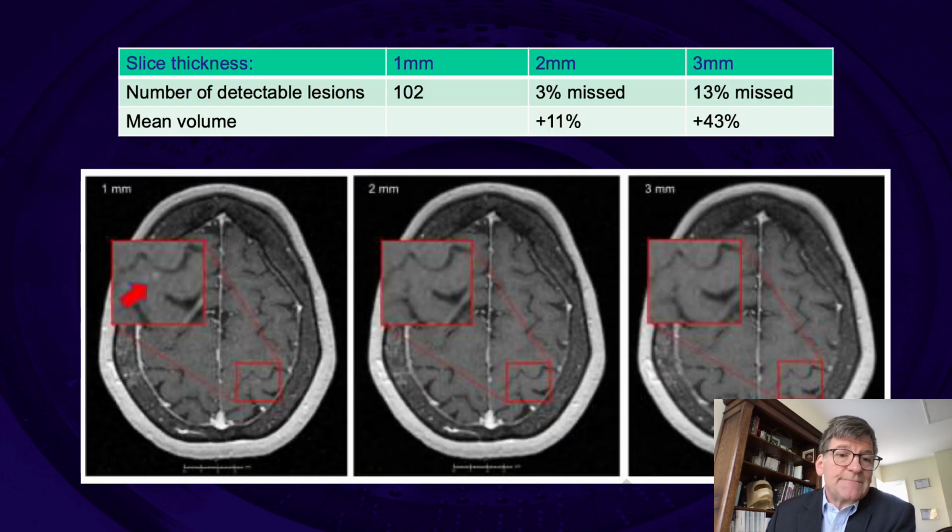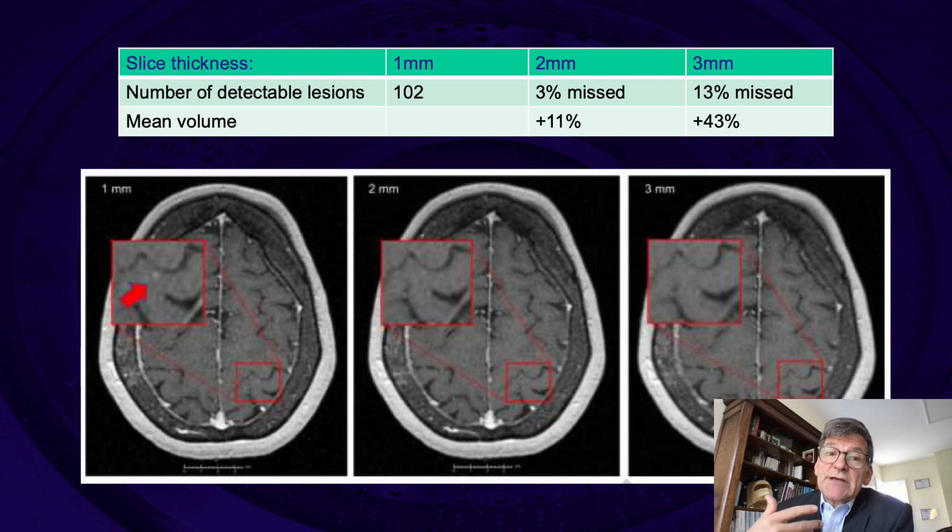And here we see an example of a metastasis that is apparent on the 1 millimeter slices but not on the 2 and 3. So we detected 102 lesions with the 1mm slices, 3% of them were missed at 2mm and 13% were missed at 3mm. But interestingly here you can see that the mean volume of the metastases increased dramatically, particularly with the 3mm thick slices.